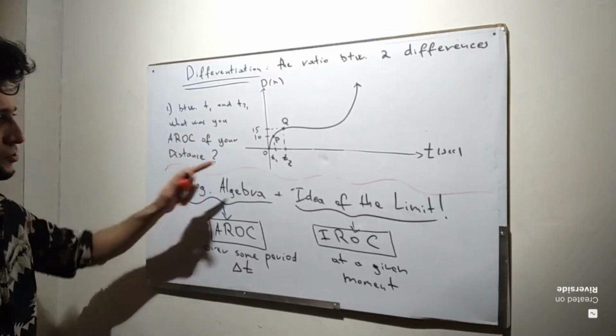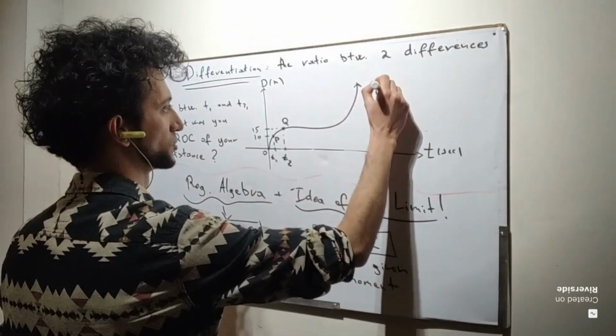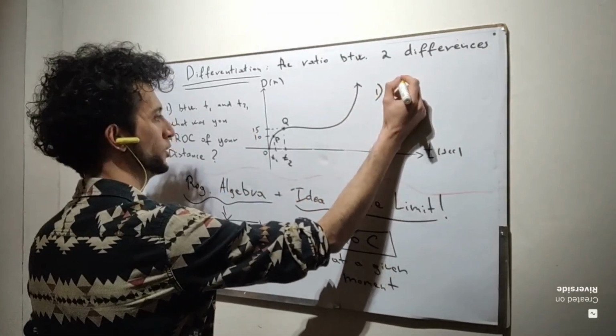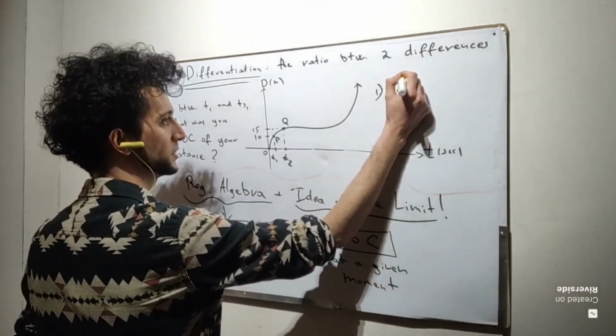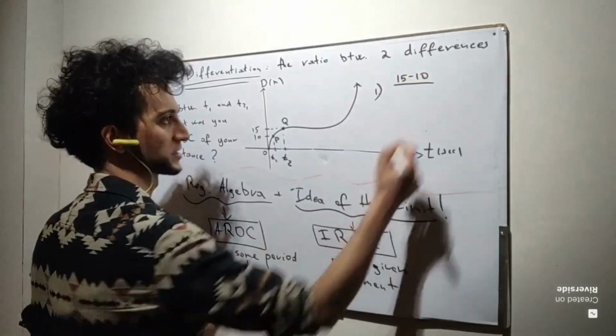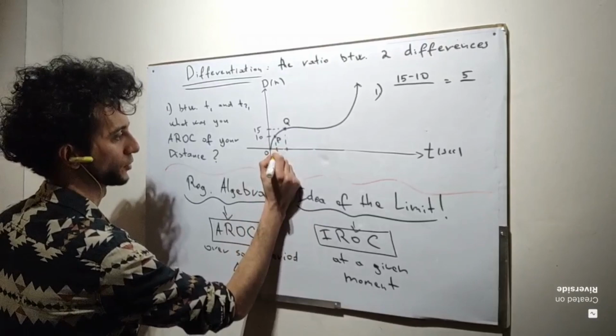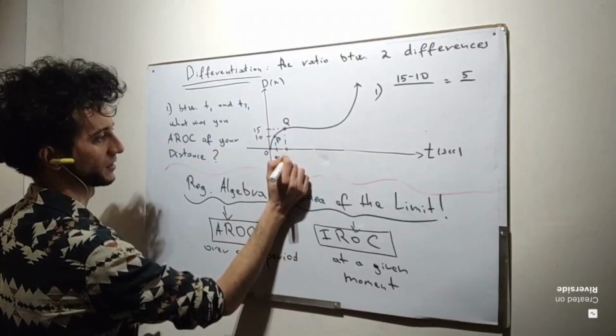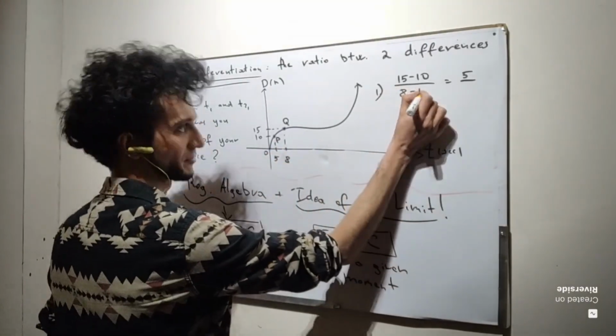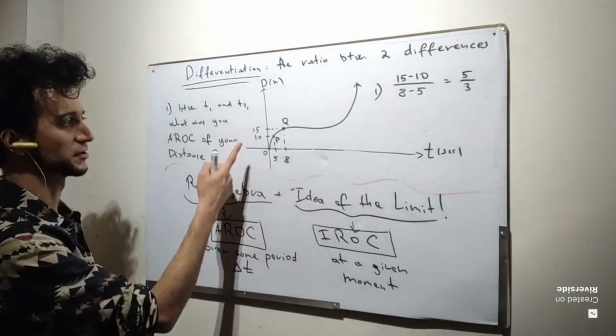Well, the average rate with which your distance was changing, according to the picture, was, well, it changed from 10 to 15, so 15 minus 10, that was the extra 5 meters, during however much this time was. Let's say this was, I don't know, maybe 5 seconds, and that was, let's say, 8 seconds. Well, between 8 and 5, in 3 seconds, you moved 5 meters, whatever the direction was.